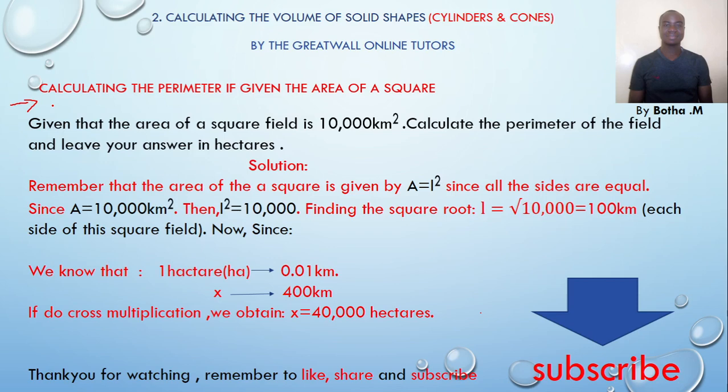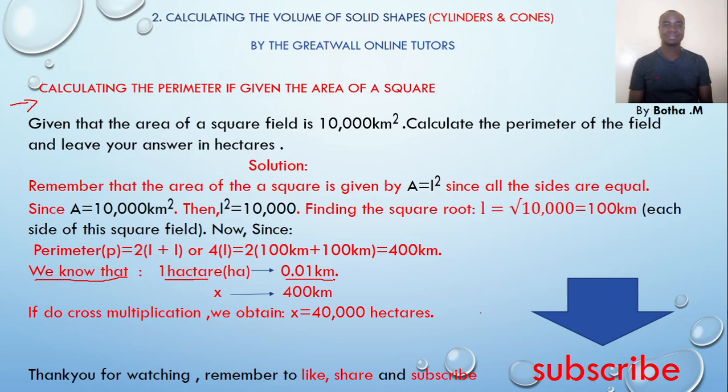Hence, the perimeter will be adding all the sides. We can use the formula perimeter is equal to 2 open bracket L plus L, or 4 times L. Now if we do that, we substitute L by 100 kilometers, we get 400 kilometers. Now here we can connect, right? We know that 1 hectare is equal to 0.01 kilometers, right?